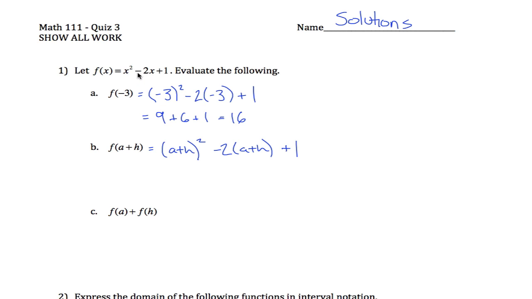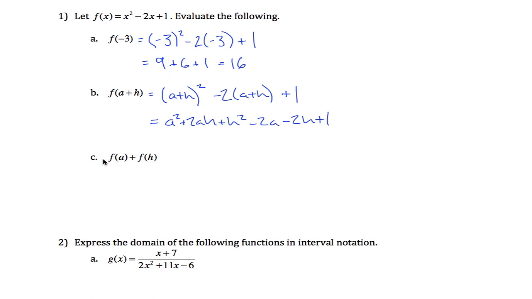We want to multiply the input by negative 2, so we want to multiply this entire input by negative 2. And if you simplify this, you could FOIL this out and then distribute the negative 2 and get this mess. I don't think there's anything we can do there. I think that's the end. So I guess that's our answer.